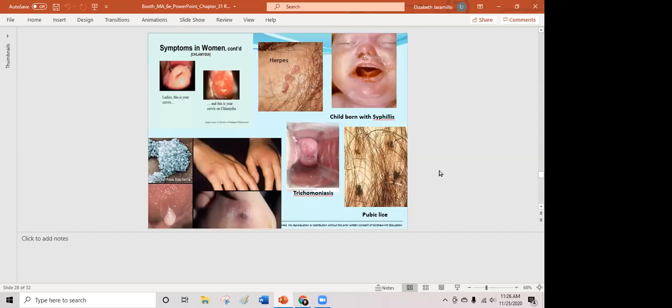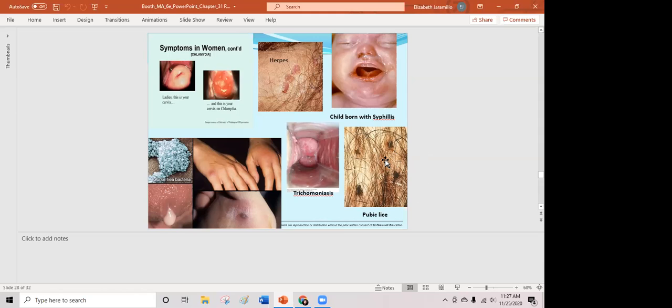Here are some visuals for you guys of what these things look like. This would be chlamydia in women. This is your cervix with chlamydia. See, it's really inflamed, looks really infected. Herpes. A newborn born with syphilis.